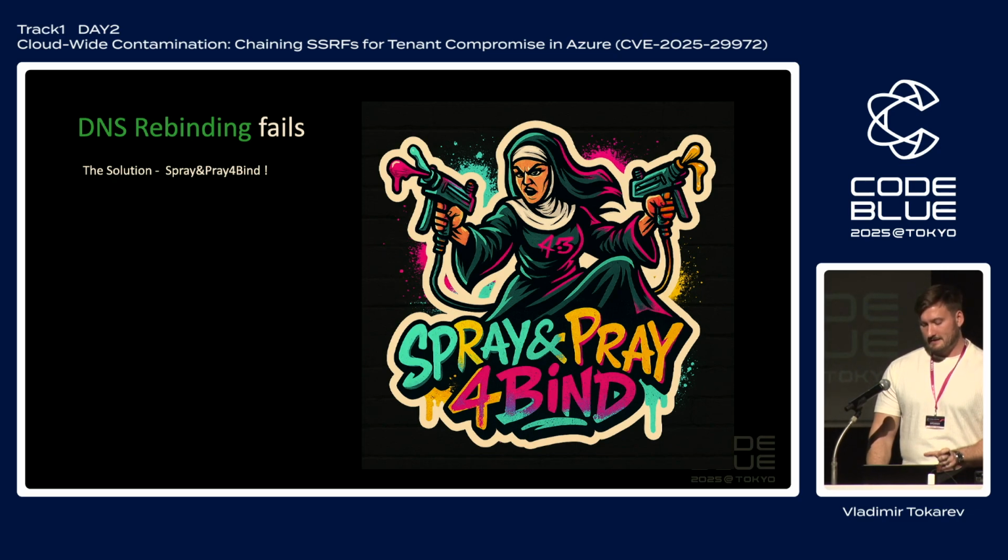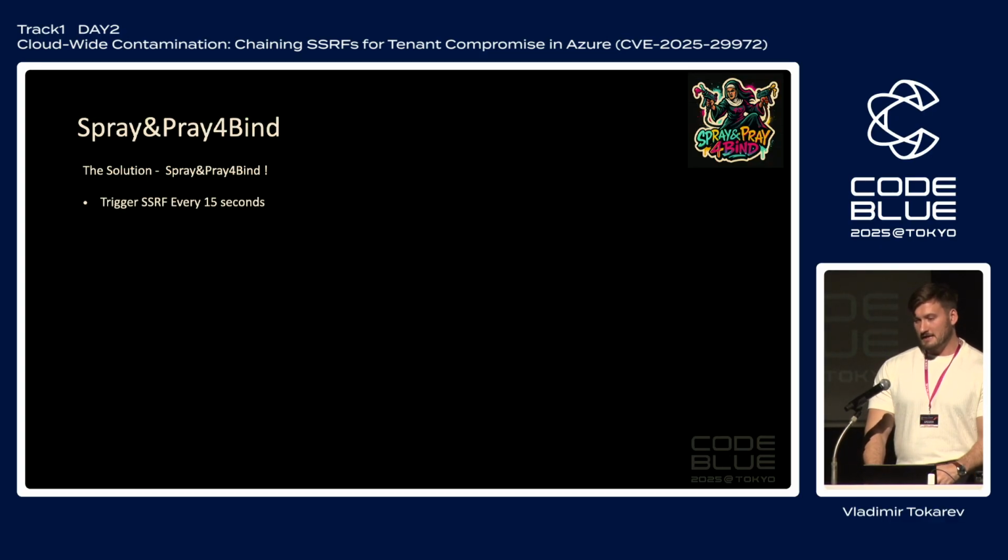Because the cache will hold the domain with the IP coupling for 5 minutes, with a 15 seconds interval, sometime near the 5 minutes we'll probably hit a sweet spot where the first query goes to our controlled domain, the attacker domain, the HTTP server, and the second one is triggered when the cache refreshes, and our DNS server will return the target IP we want to attack. So this is exactly what I described here.